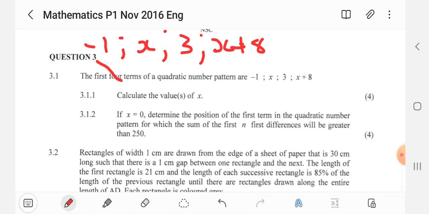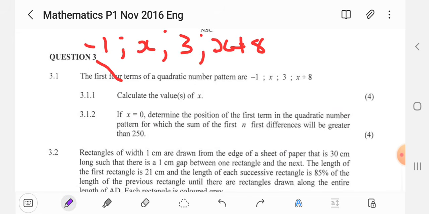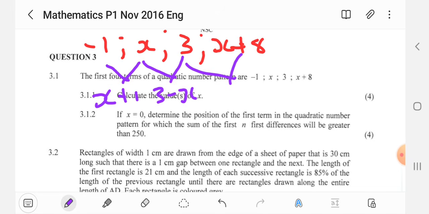So here in between we have x minus negative 1, and this will become positive, so we have x plus 1 there. Then between these two we have 3 minus x, and then between this one we have x plus 8 minus 3, so that is x plus 5.